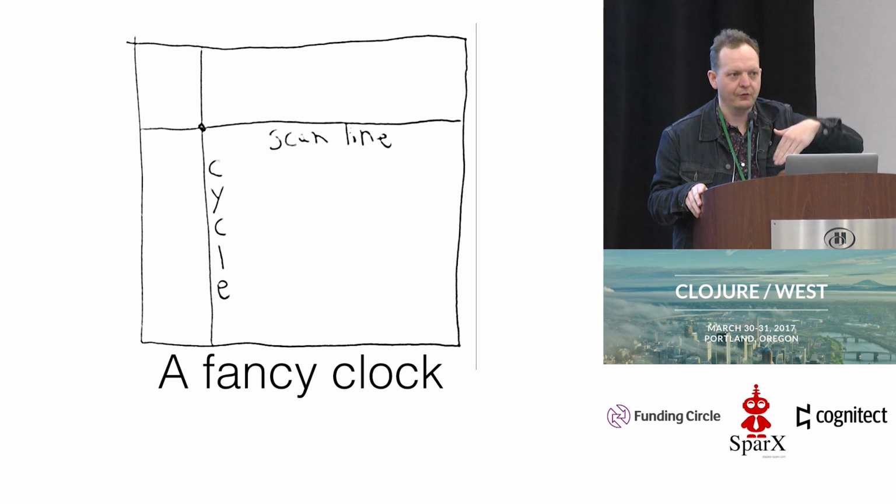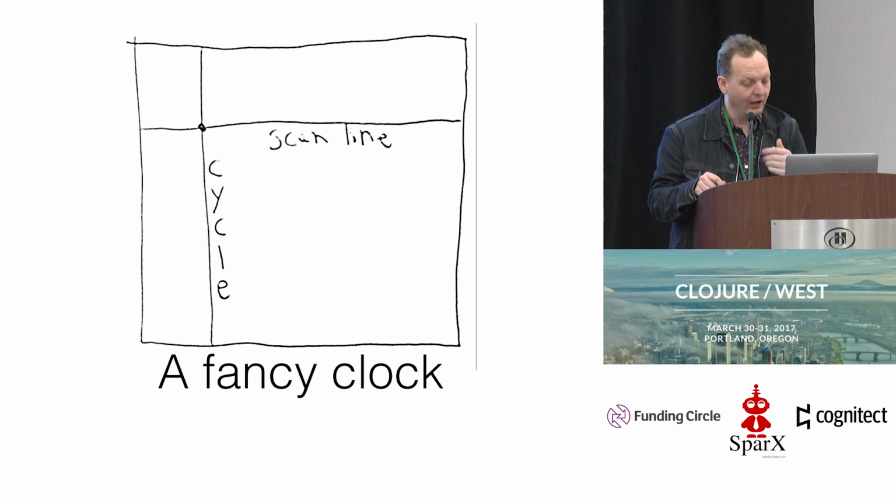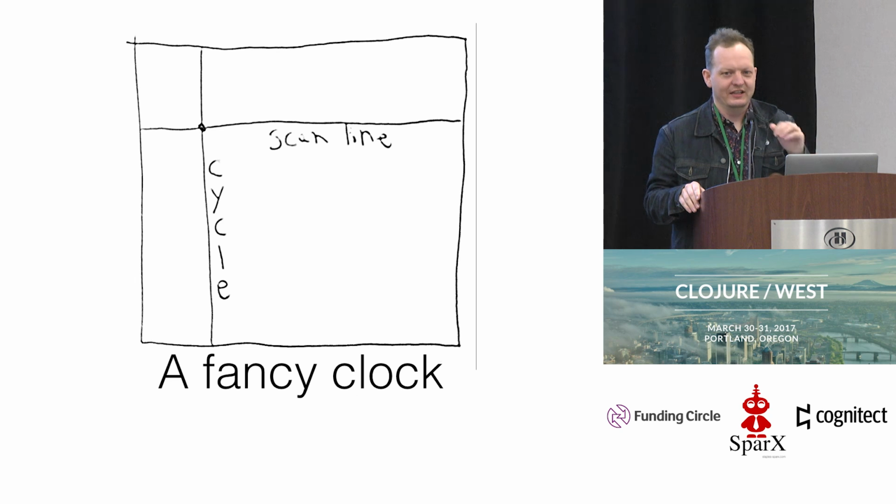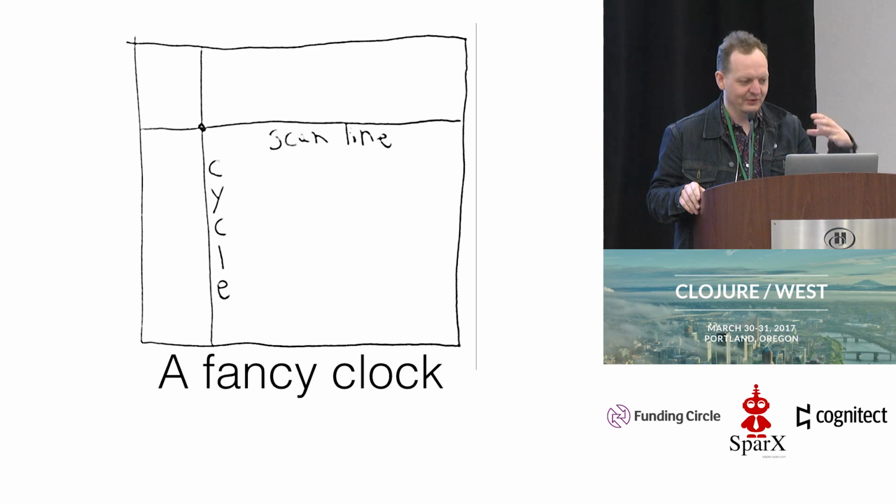So we have to account for that by adding cycles in there as well. So there's also a bunch of other stuff that's happening in here, and I don't really fully understand it yet, and there's a lot of stuff there.